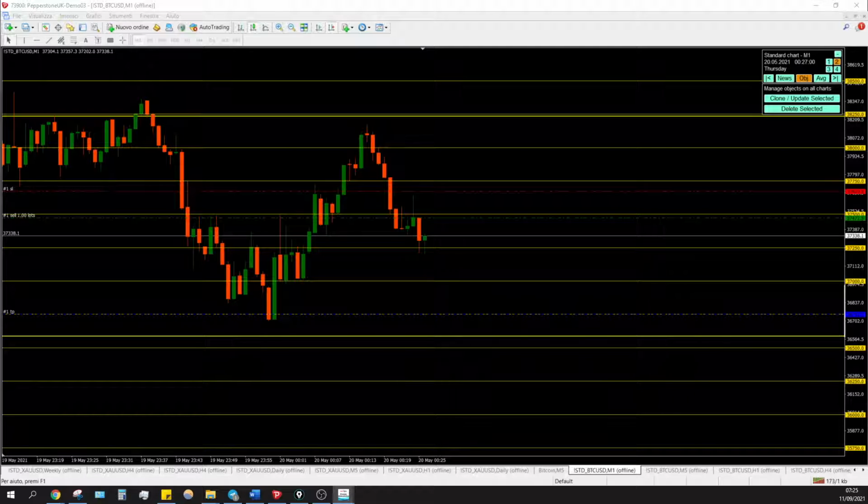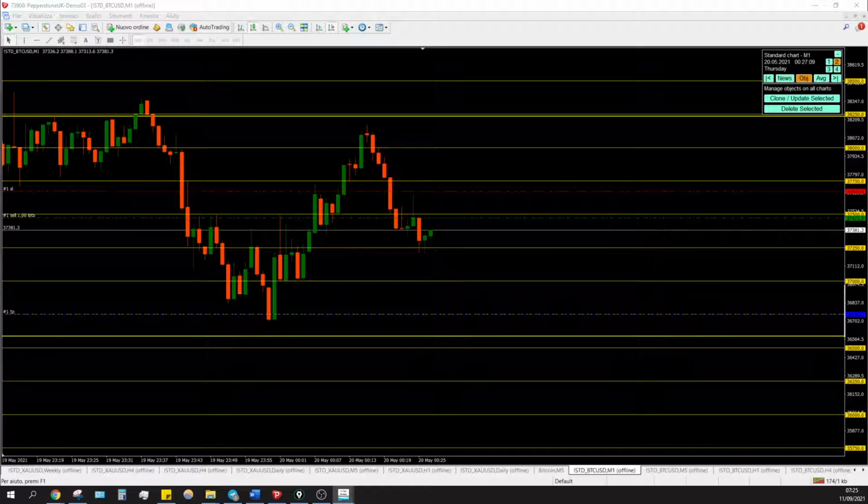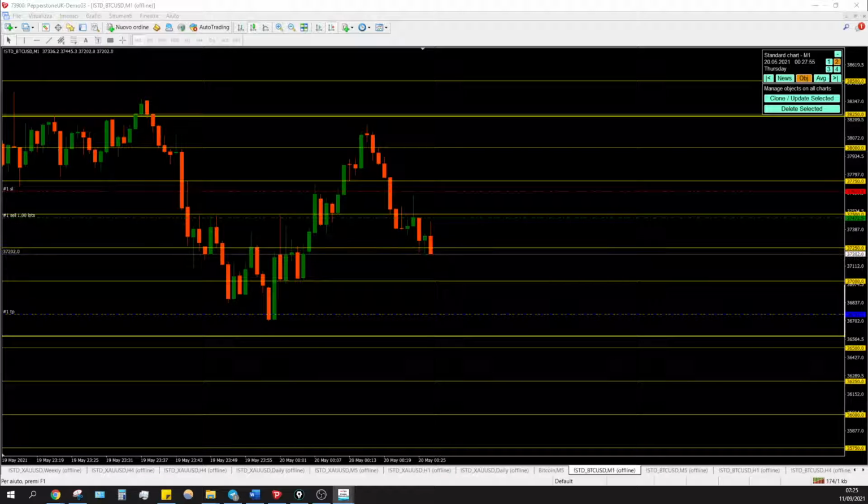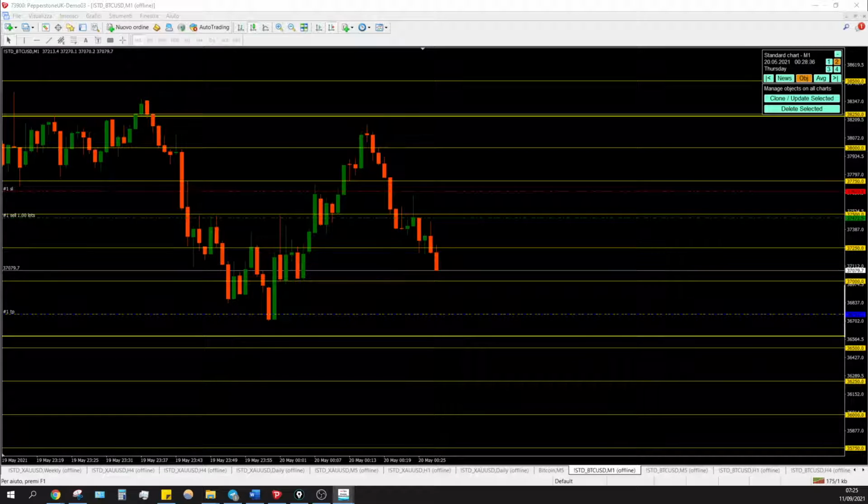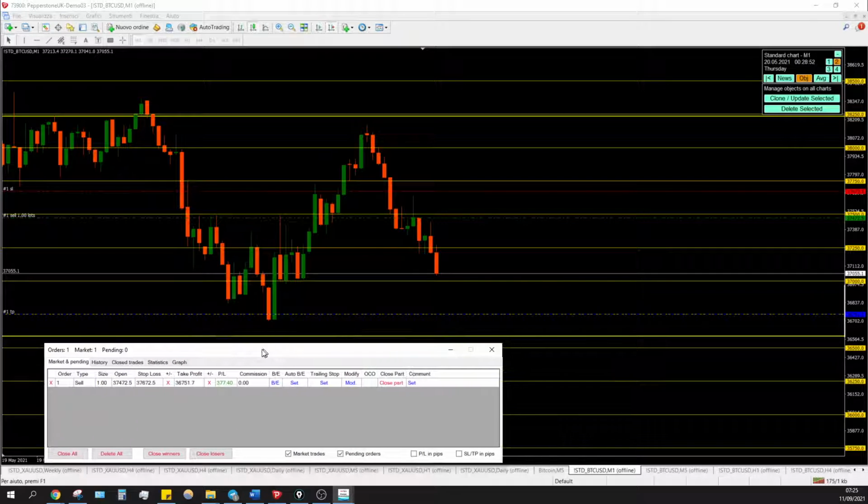Okay, doesn't look very good. We are up 10 pips. Let's see if we get stopped out. Okay, instead it looks like it's continuing down. We are up 37 pips.